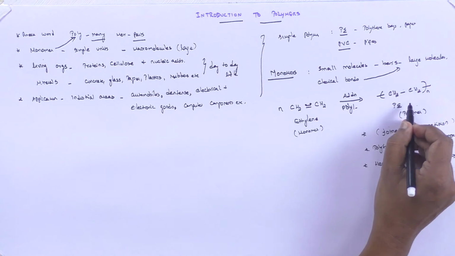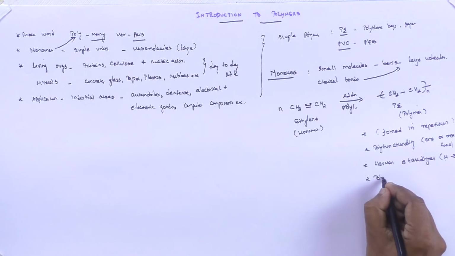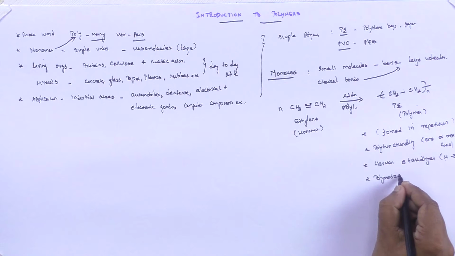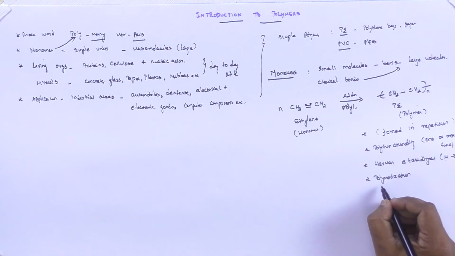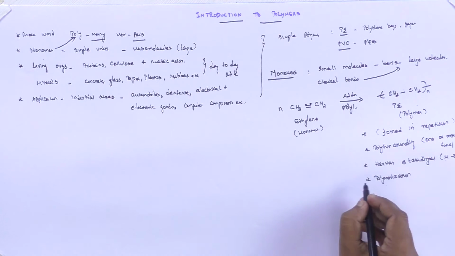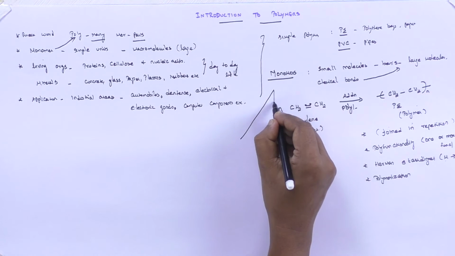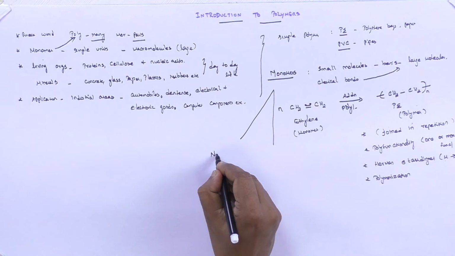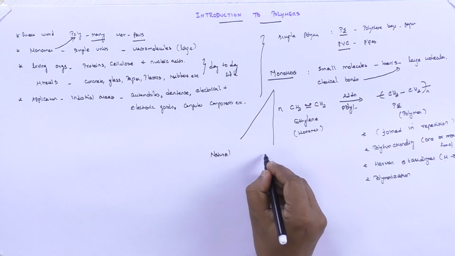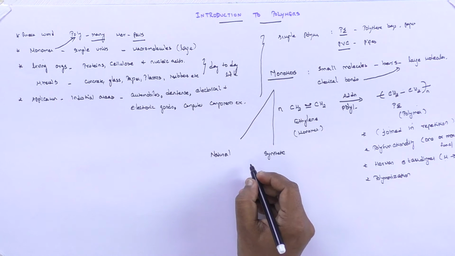So this whole process where monomer is converted to polymer is called polymerization. There are several monomers, and a monomer may be natural or synthetic. Natural monomers may be there, synthetic monomers may be there.